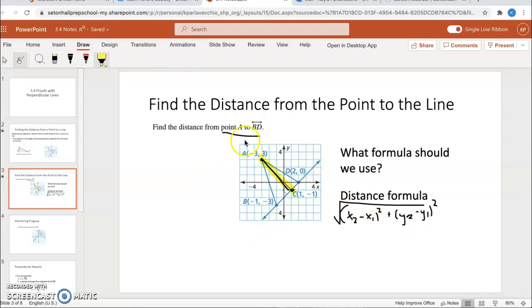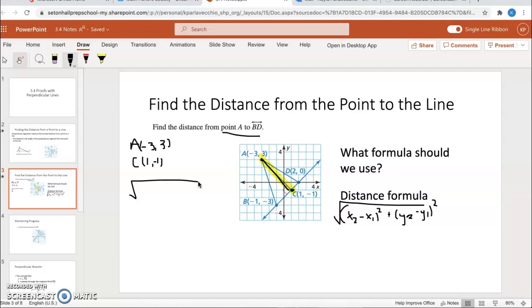So to plug in our formula, I'm going to make A my first point, and I'm going to rewrite the coordinates on the graph, which are (-3, 3), and then C is going to be my second coordinate, which is (1, -1). And we're going to go ahead and use our square root, and you are going to leave your answer as a radical. Again, try and simplify it if you can. If not, leave your answer as a radical.